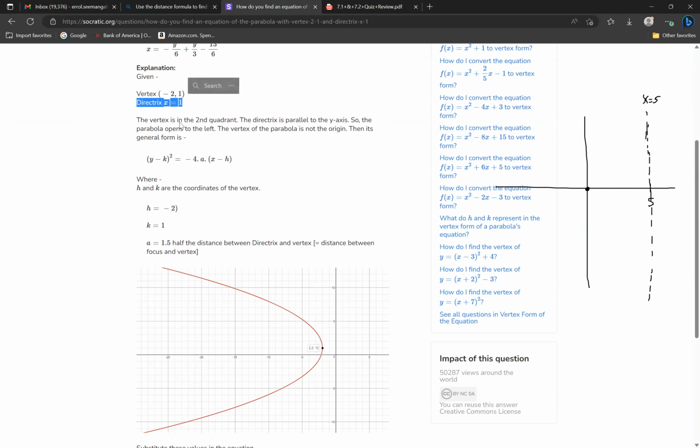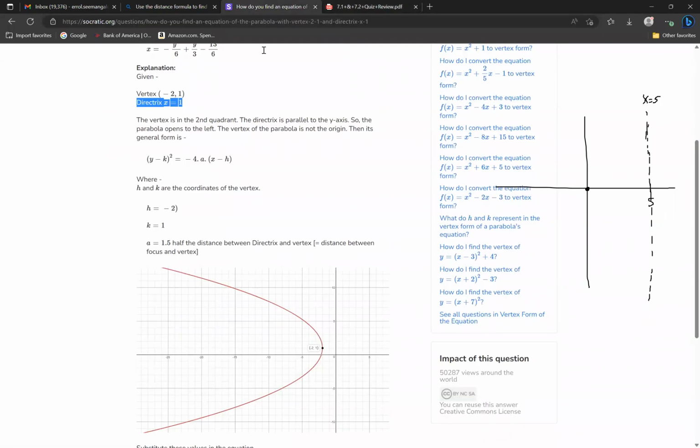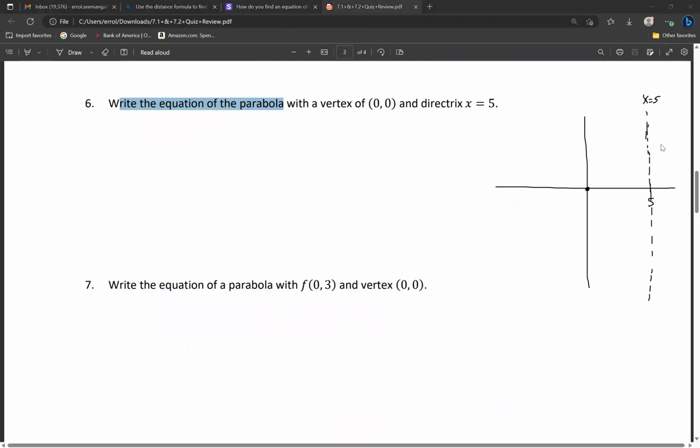The vertex is at the origin, 0, 0. Our directrix is parallel to the y-axis.